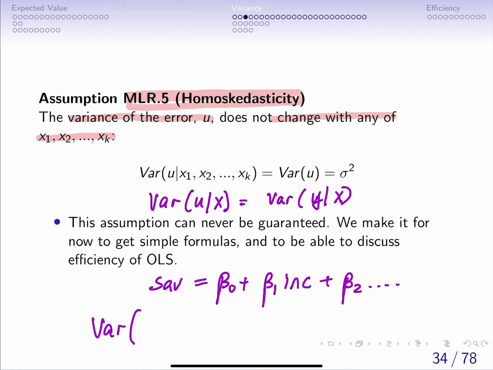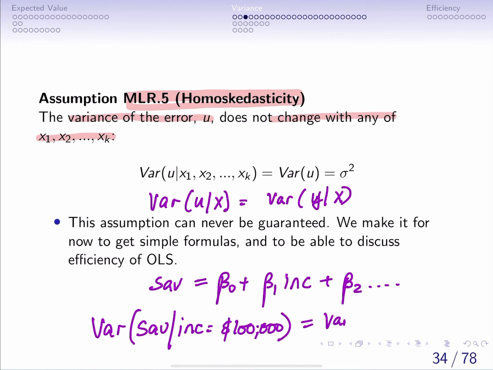So we know that the variance of savings given income equal to, let's say, $100,000 should be equal to the variance of savings given income of $25,000. Okay, so that's the idea here.